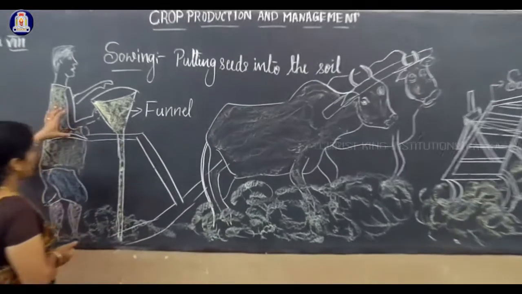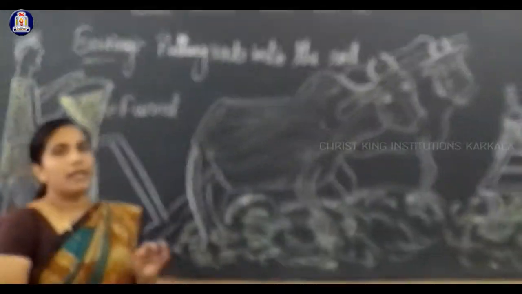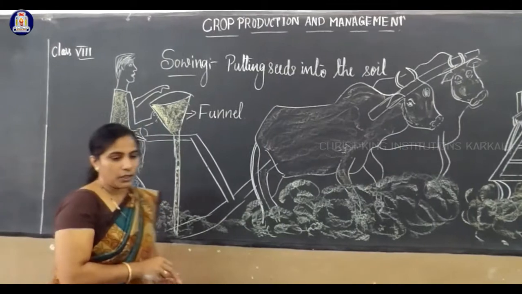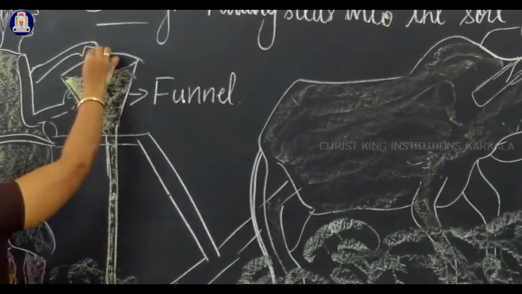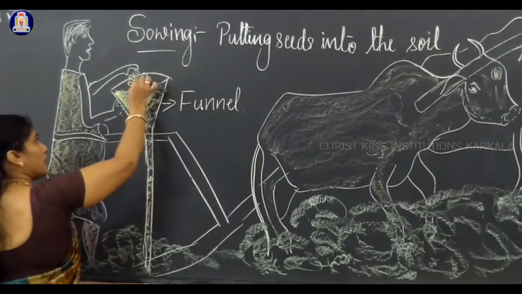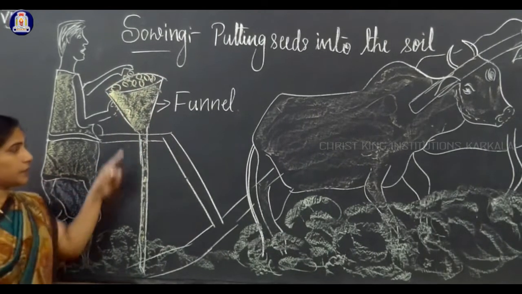For example, the farmer will bring a seed after preparation of the soil, leveling the paddy field. He will bring the seeds, collect the seeds, and then fill in the funnel shaped structure.